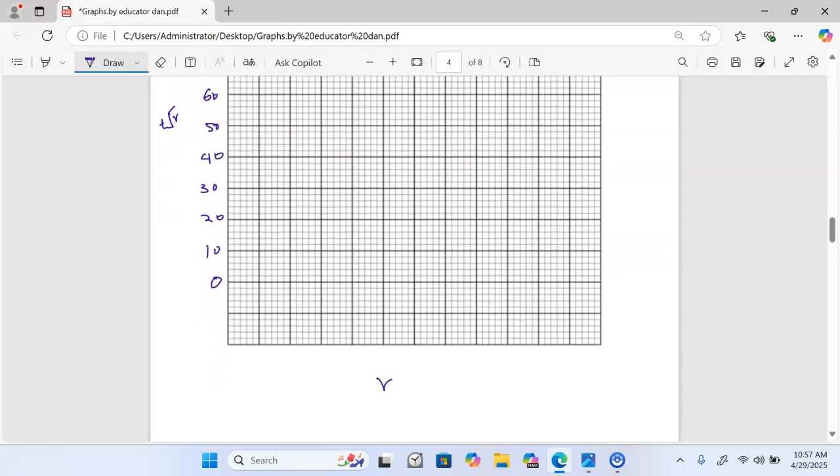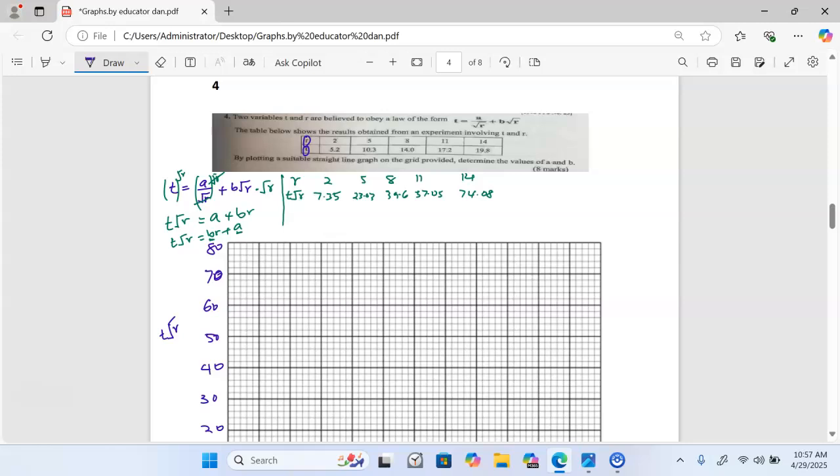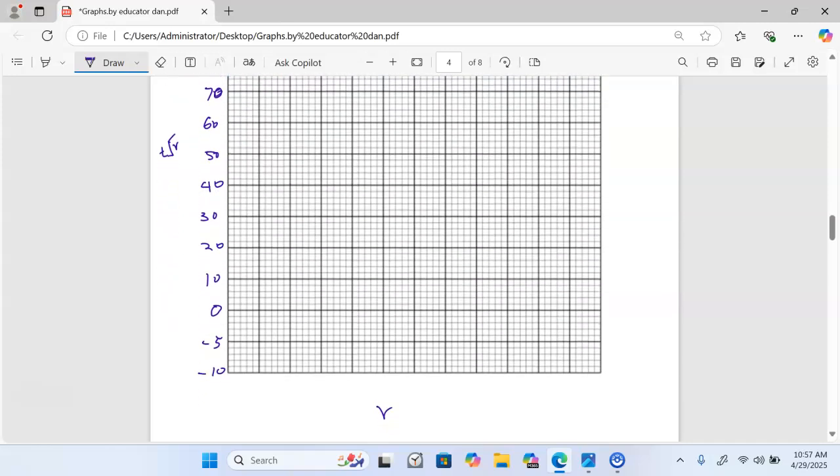Then we are going to have -5 here and also -10. For the values of R, we are going to have values between 2 and 14, so we can use a scale of 1 centimeter to 2. So we are going to have 2 here, 4, 6, 8, 10, 12, 14, up to around 16 there.